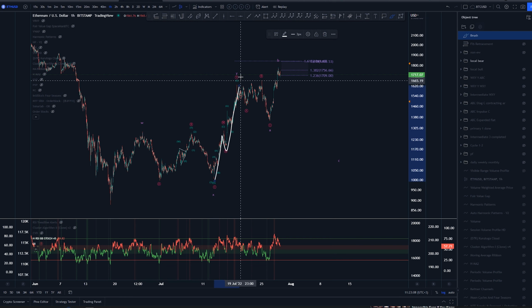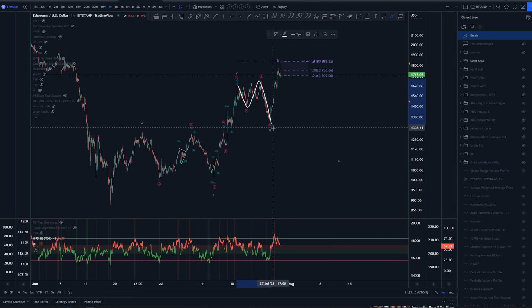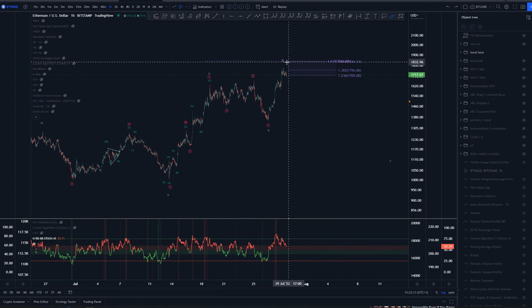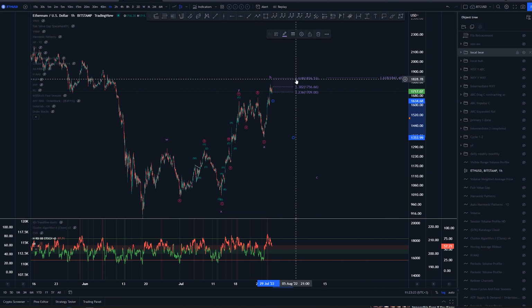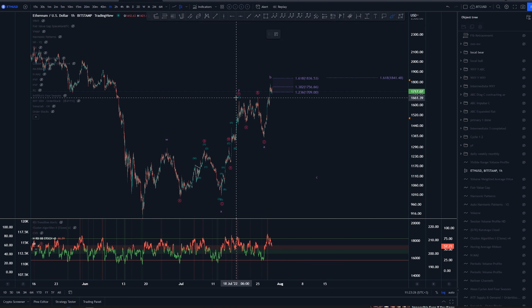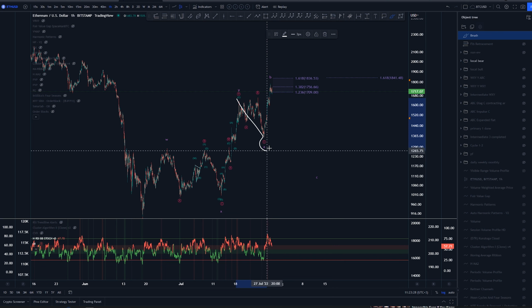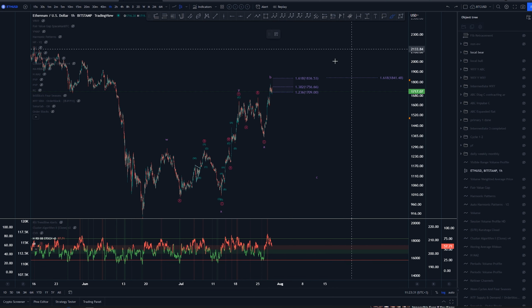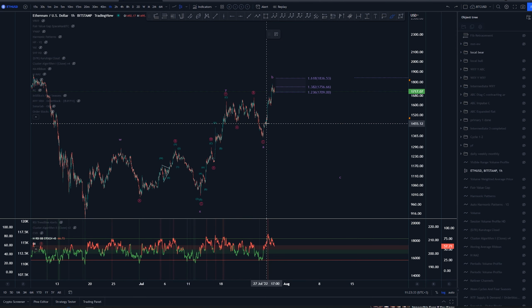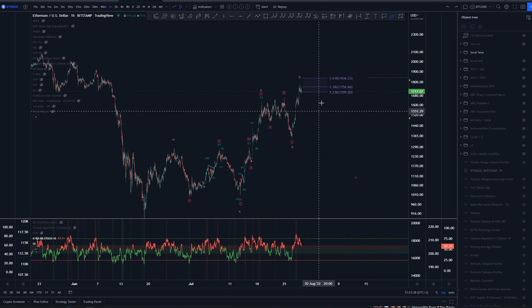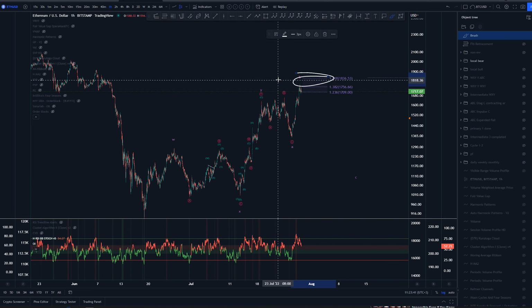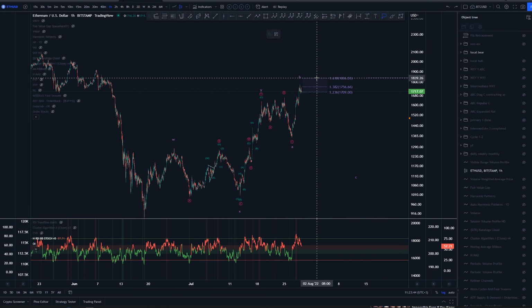We can have this as a three-wave structure into wave Y here, then three waves here into wave A. Then somehow this move needs to be a wave B. At the moment, it has not gone beyond the extension of this 0.618 here, which is again a retracement of this A wave here. So it is still technically valid, but getting a three-wave move into here is kind of impossible. I'll just keep it around until this gets invalidated at the $1836 area.